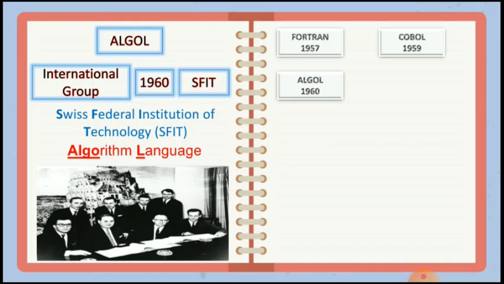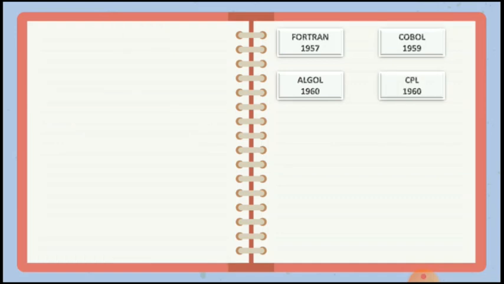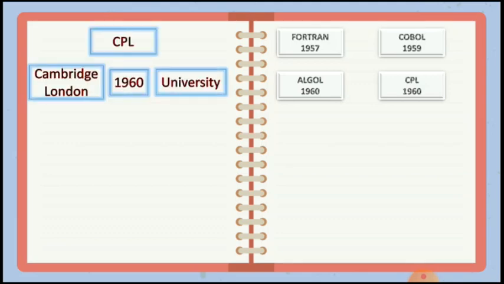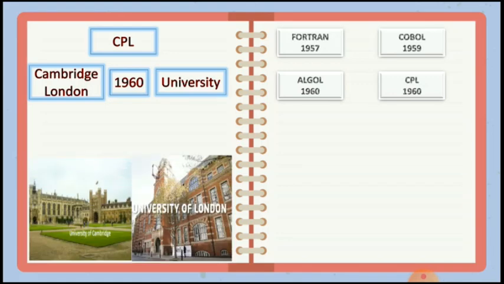So all these languages can perform only one task. So to perform multiple tasks in a single language, CPL was created by University of Cambridge and University of London in 1960. CPL stands for Combined Programming Language, but this language came up with some issues.